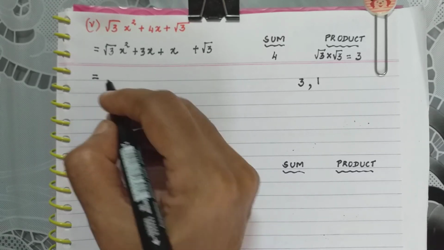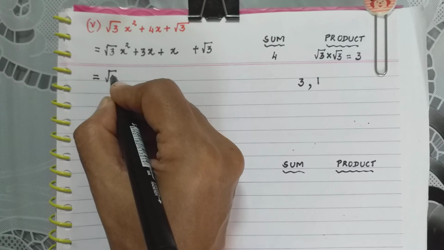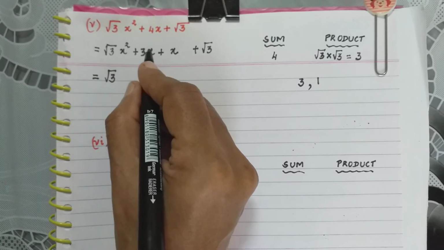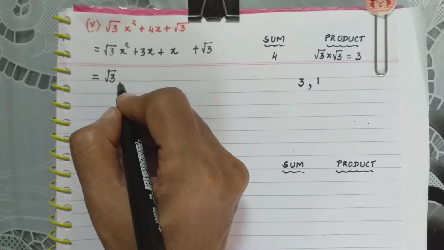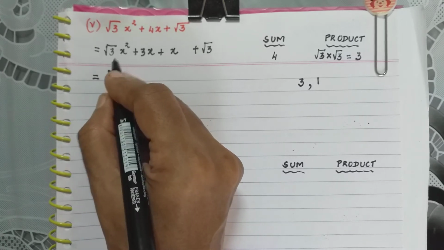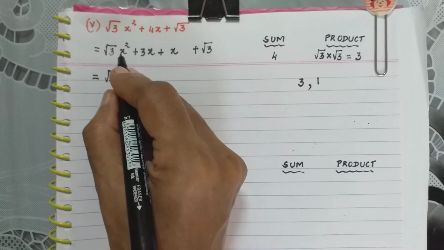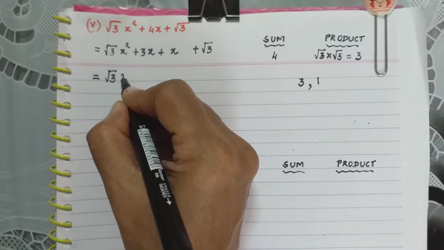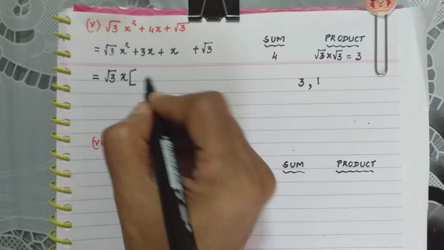So I can take √3 common out. Why? Because here also there is √3 and this 3 is nothing but √3 into √3. So if I took √3 out, what about here the variable? Here I have x², here I have x. So I am taking x common out.